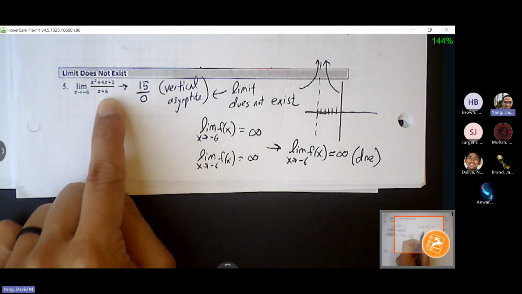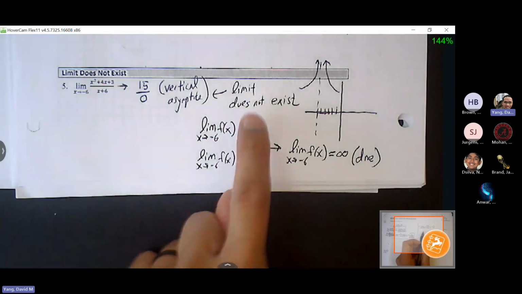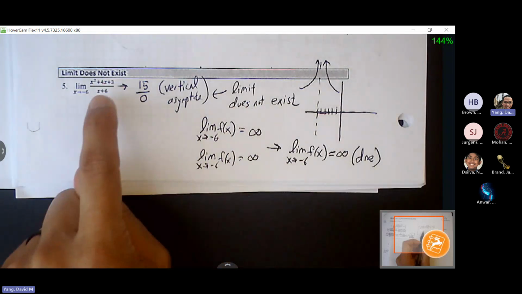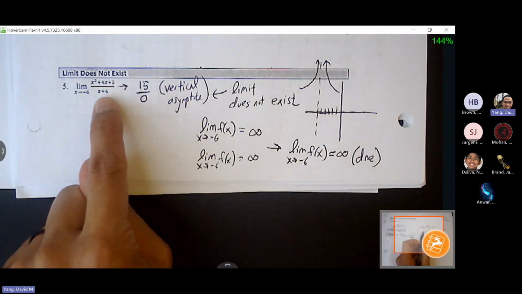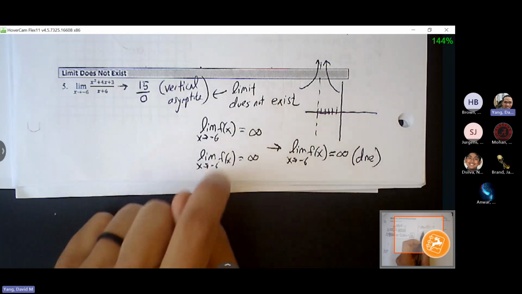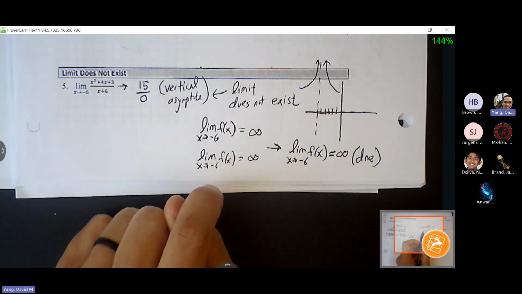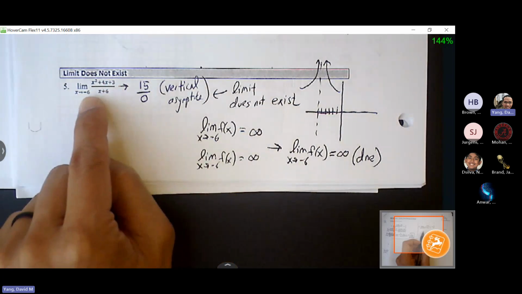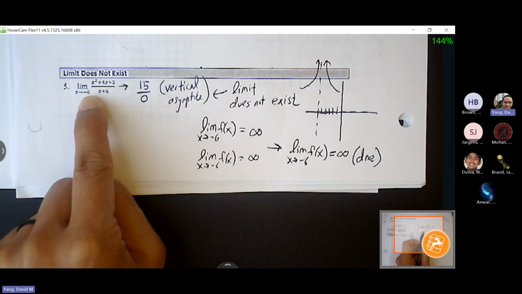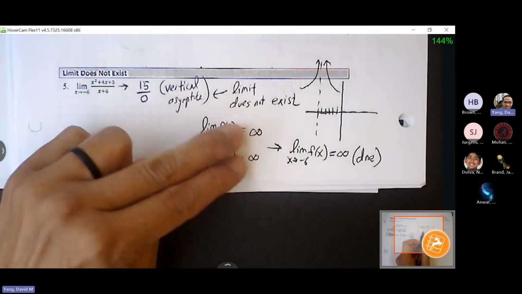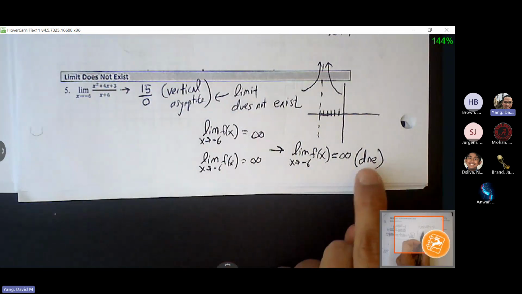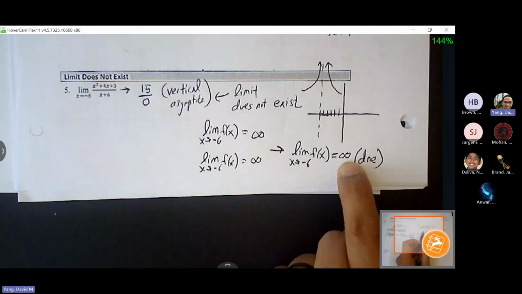Yeah, but I remember on the key, or when we did it in class, they both had infinity. Does not exist would be acceptable unless I ask you to subcategorize if possible. And if I'm asking you to subcategorize, then you would need to test -6 from the left and from the right and see if they're in agreement. If they're in agreement, then we can subcategorize it as possible.